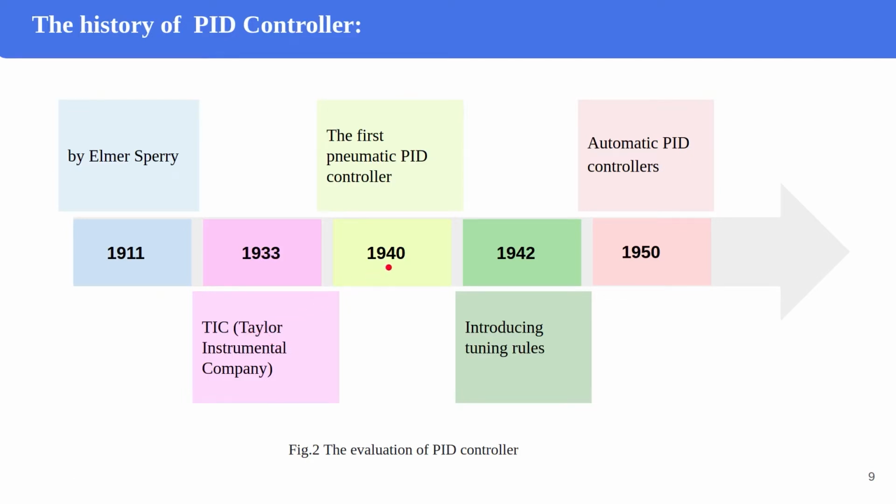And in 1940, Tech developed the first PID pneumatic controller with a derivative action, which reduced the overshooting issues. And in 1942, two people introduced tuning rules, and after that, in 1950, the first automatic PID controller was widely adopted for industrial usage.